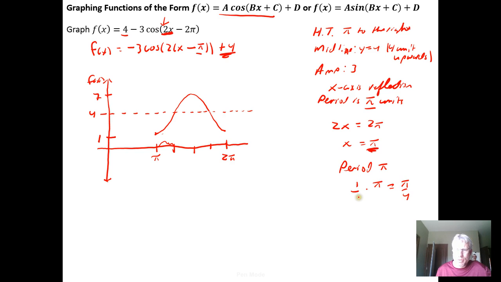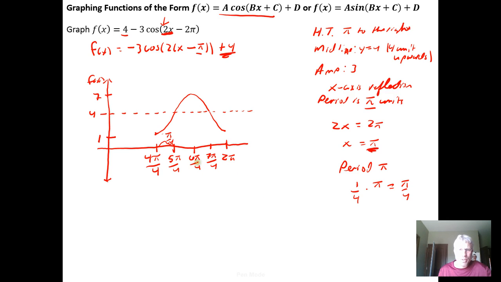So an easy way to do this is to get a common denominator right here. Write pi as 4 pi over 4. And then we know that each of these is a distance of pi over 4, so we can just count up 4 pi over 4, 5 pi over 4, 6 pi over 4, 7 pi over 4. And this one here would be 8 pi over 4, which reduces to 2 pi.